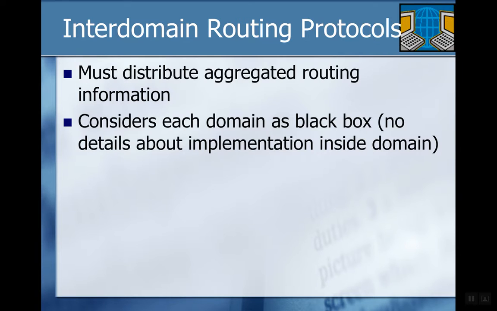The function of the IRPs is to distribute the aggregated routing information. It will treat each domain as a black box. It exchanges the information, but doesn't know anything else beyond that. Basically, it knows it's there and knows how to get data to it.